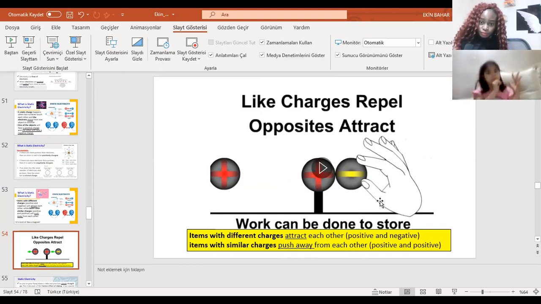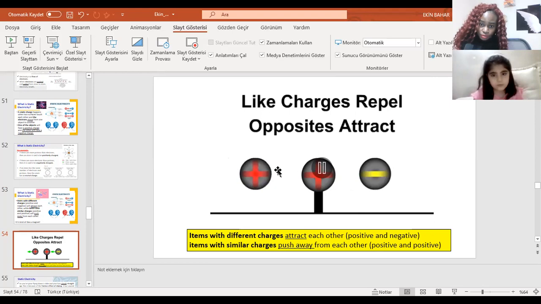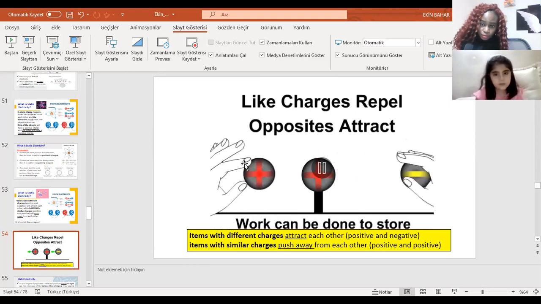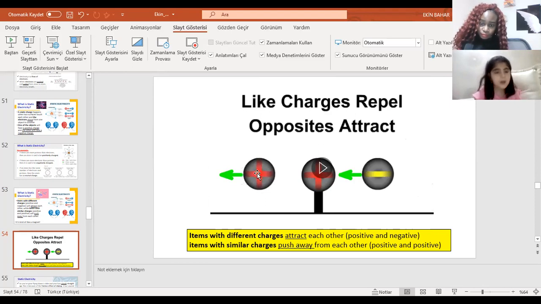The positive pulls the negative. See? And the man here tried to make the positive and positive pull each other, but it didn't work. They pushed away. So positive pushed away the other positive.